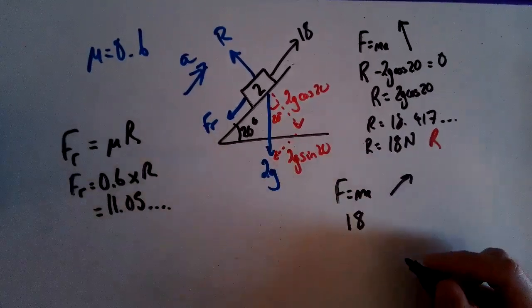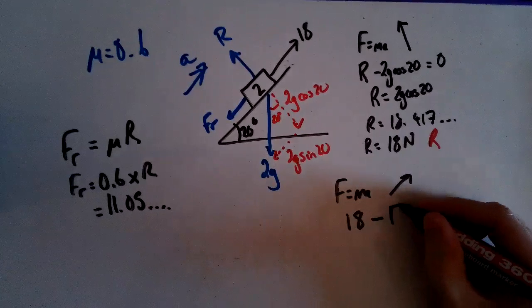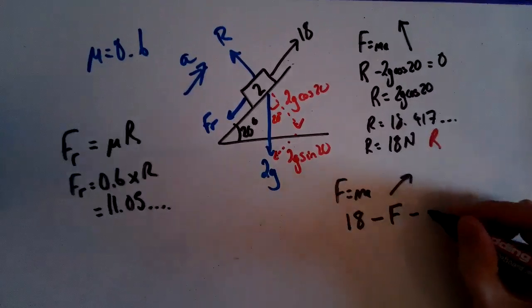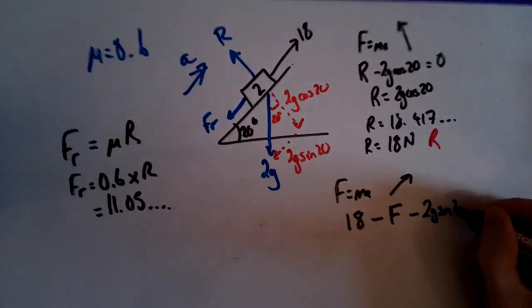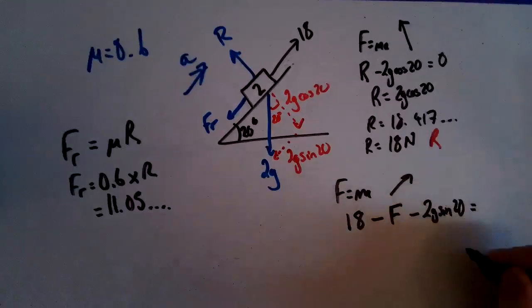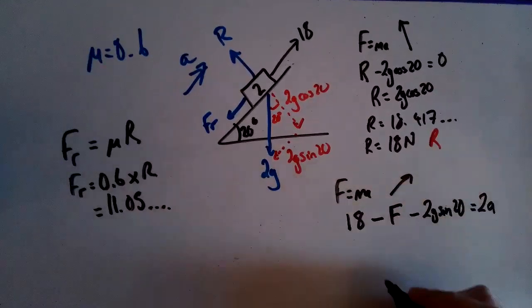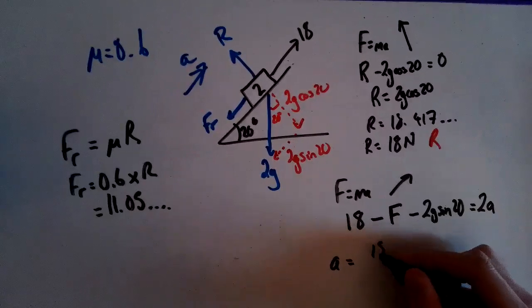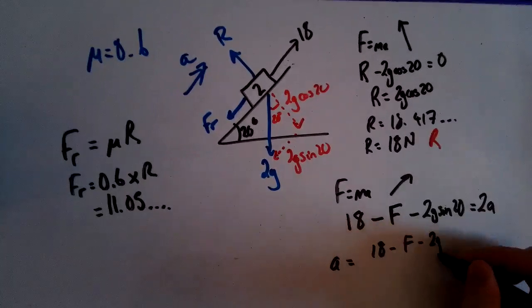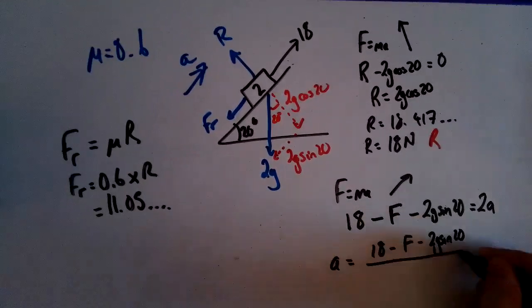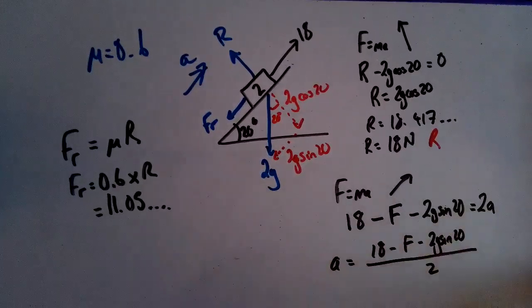So I have 80 going up, take away friction going down, take away 2g sine 20 going down, and that equals ma, so 2 times a. So to get a, it's 80, take away F, take away 2g sine 20, then divide all that by 2. So 80, take away F, take away 2 times 9.8 times sine 20, divided by 2.